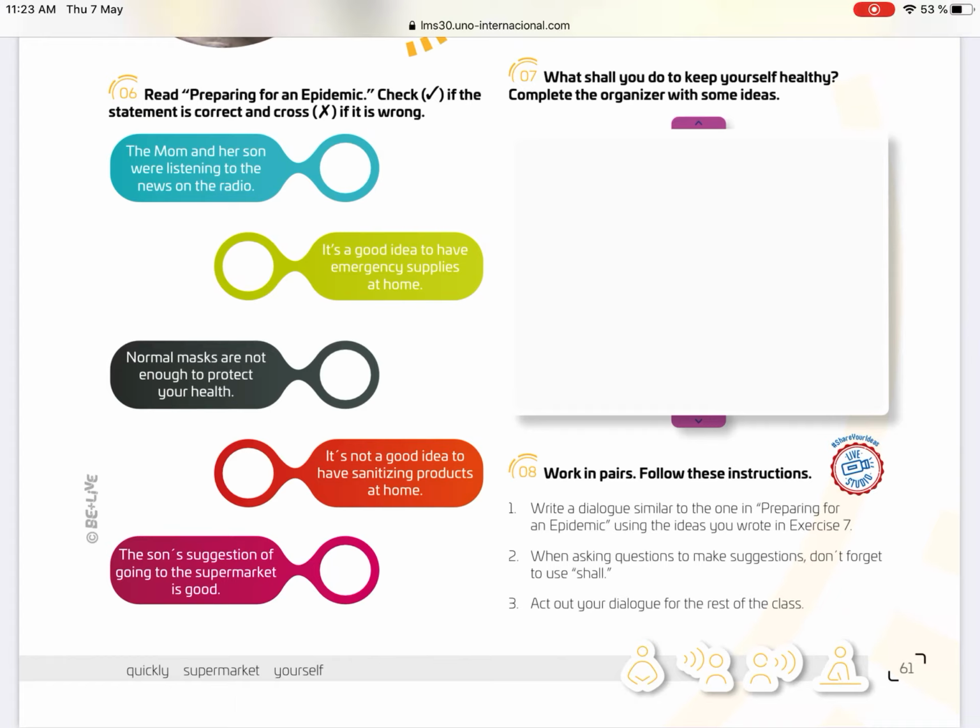Number 7, what shall you do to keep yourself healthy? Complete the organizer with some ideas. It's clear. Just describe for me in those sentences what you shall do to keep yourself healthy with your own ideas.